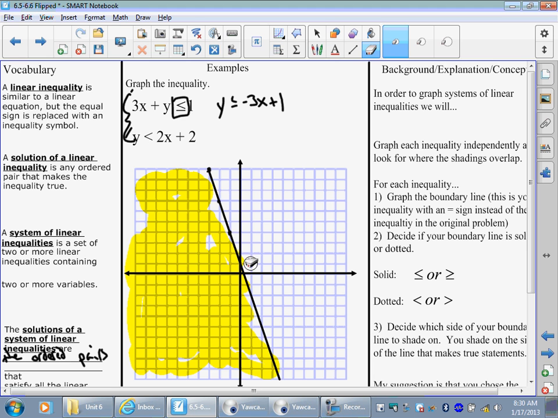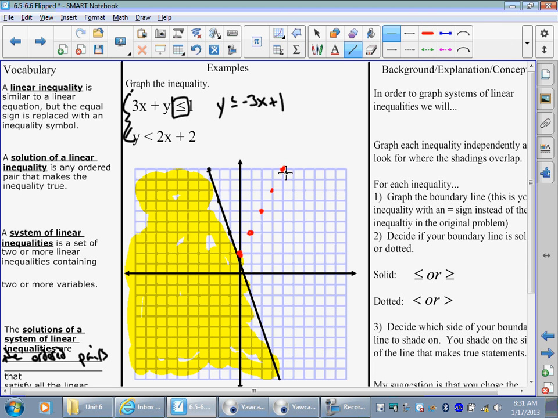Now, let's look at that inequality right here. It's already in slope-intercept form, so to speak. So that one should be pretty quick to graph. We have a y-intercept of 2, and we have a slope of 2. So I'm going up 2, right 1, up 2, right 1, up 2, right 1.